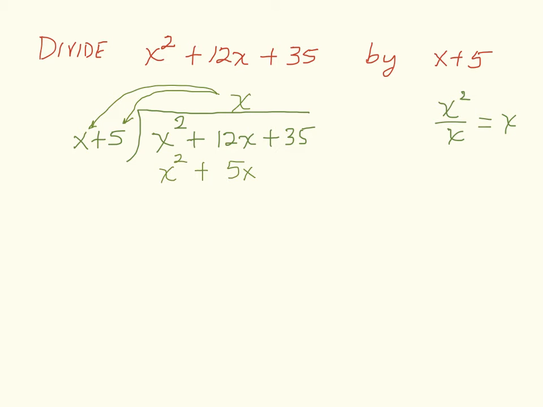That 5x is positive because x is positive at the top. That's positive x, and this is a positive 5. So that's why this is positive 5x. This x now times this x here gives you this x squared here. Okay? Take a minute if you have to so you can understand it.